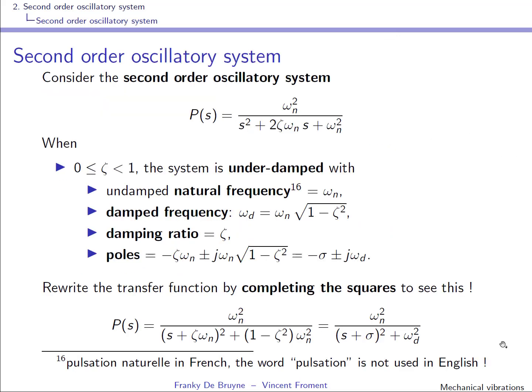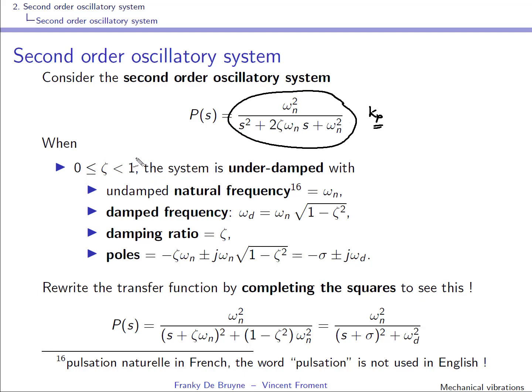Well, in the previous slides we have seen examples of systems, harmonic oscillators, that can be written under this form with an additional gain k of p, right? So it's very important that we are able to analyze this second order oscillatory system, and this is a system that you know very well, as I've said before.